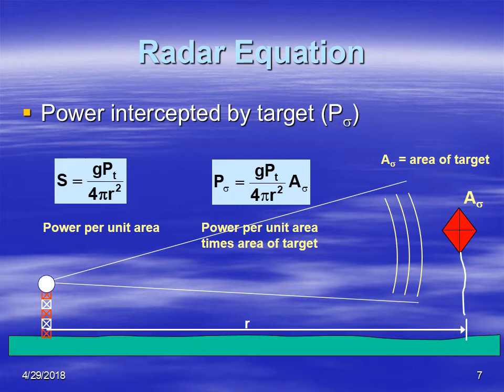We're going to call that A sub sigma, the area of the backscatter. And that power is simply the power per unit area at a given distance, times the gain, because that's focused, times the area of that reflector. That will tell us how much power is intercepted by that kite.